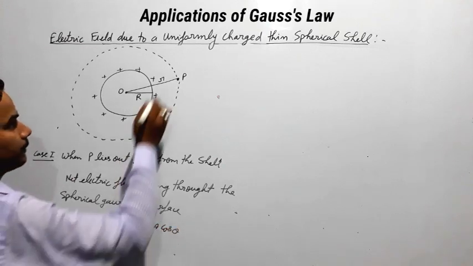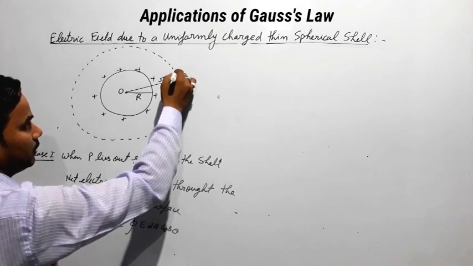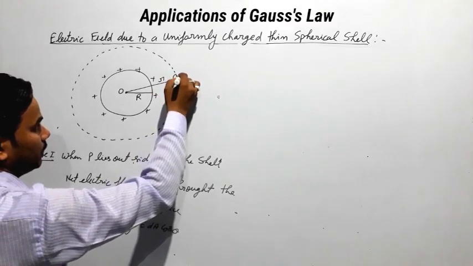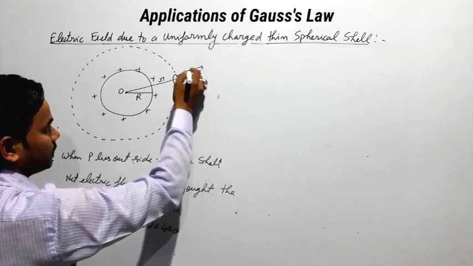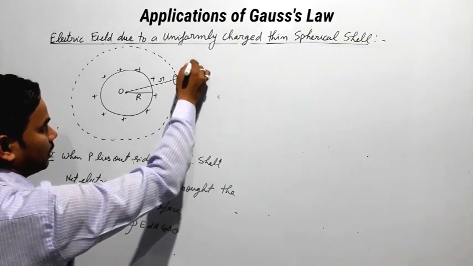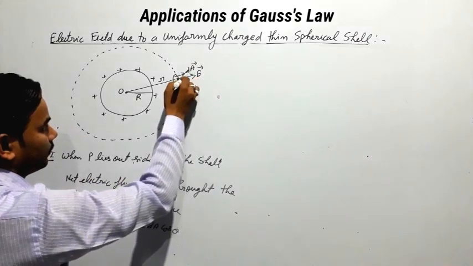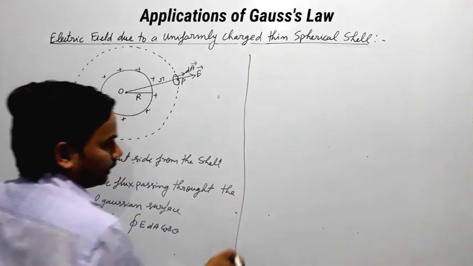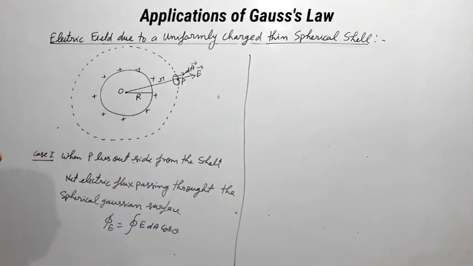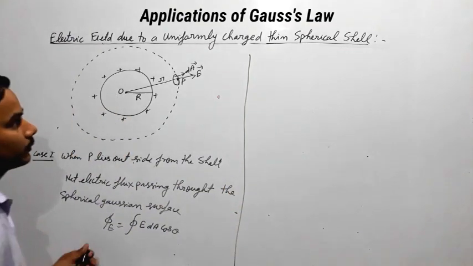Here we consider a small surface area dA, and the direction of the electric field is this, and the direction of the area vector is also in the same direction as the electric field. Now the angle between the electric field and the area vector is 0 degrees.